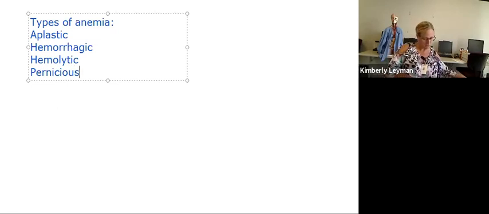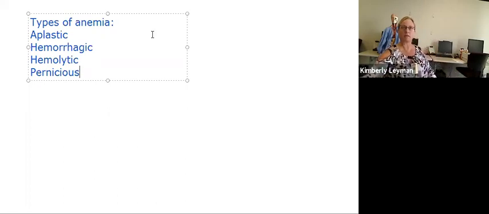Okay. You should know the different types of anemia. Make sure there is anemia in here. So types of anemias, you're going to have aplastic.